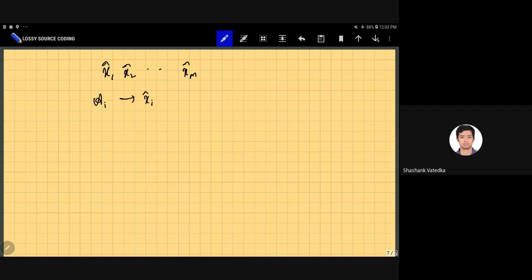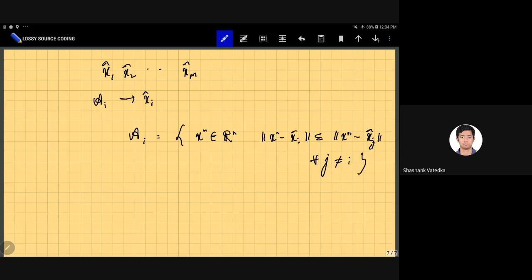One natural way of describing the region is to consider it as the set of all points which are closest to x_i hat. So if you look at the distance from x to x_i hat, it is less than or equal to the distance to any other point x_j hat.